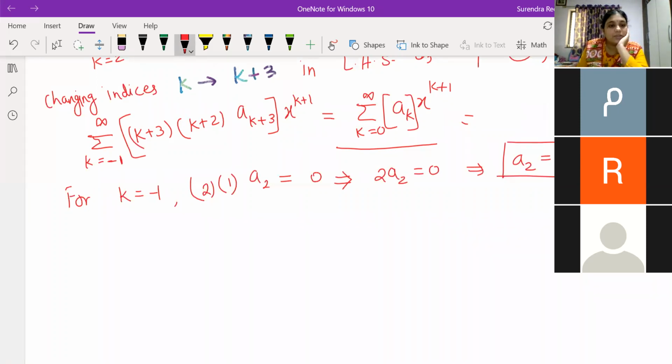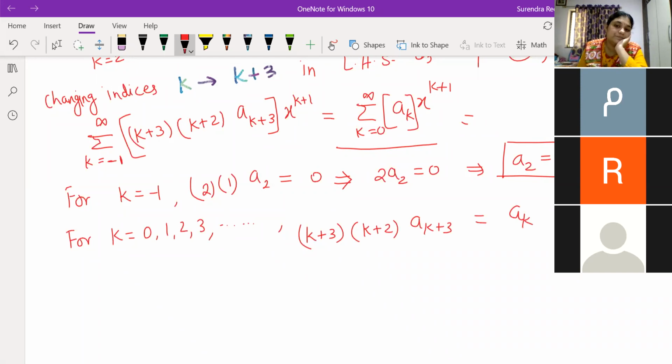Now for k is equal to 0 to infinity, that is k is equal to 0, 1, 2, 3, and so on, I can compare coefficients. Comparing coefficients, I will get k plus 3 into k plus 2 times a k plus 3 is equal to ak.